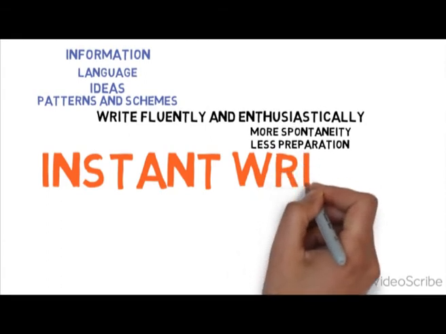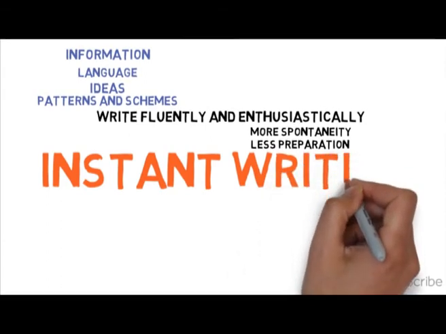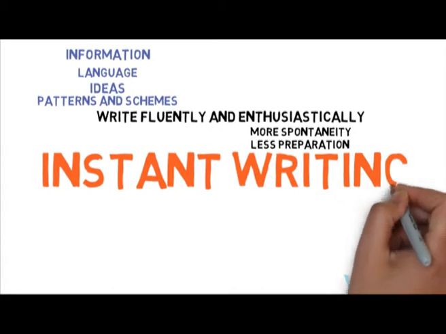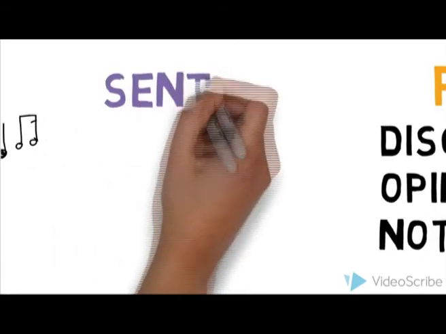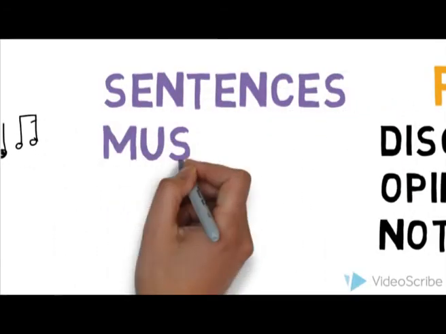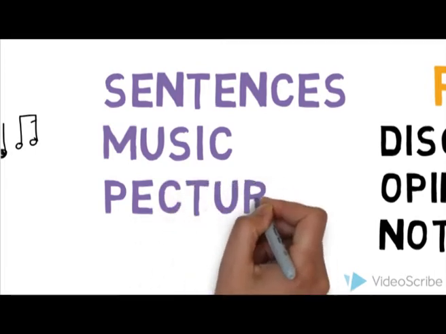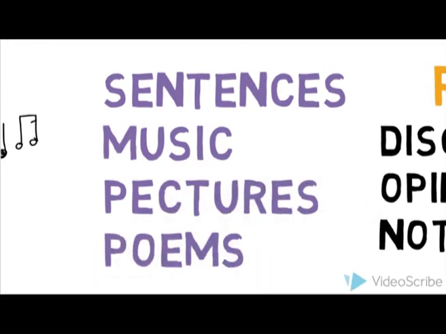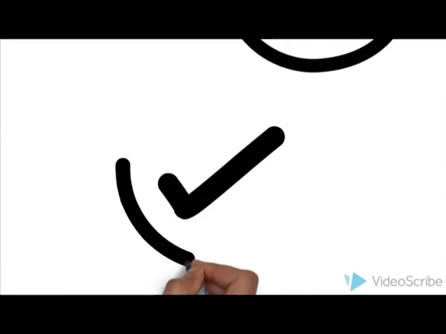This is a stage in any lesson where students can be asked to write on the spot without much in the way of preparation or warning. You can use it with music, pictures, sentences, or poems. Those are options for you.